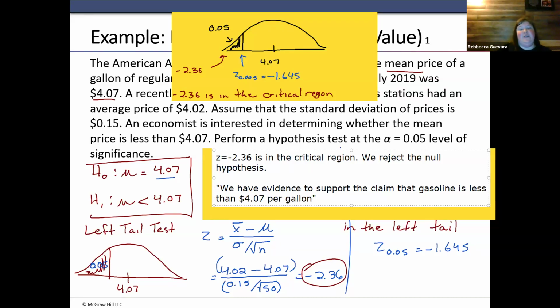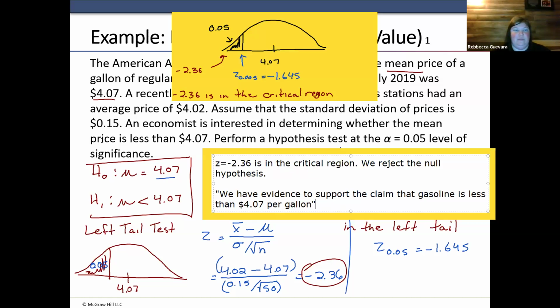So that is why we use those critical regions, because we're in that critical region, we are so far away.